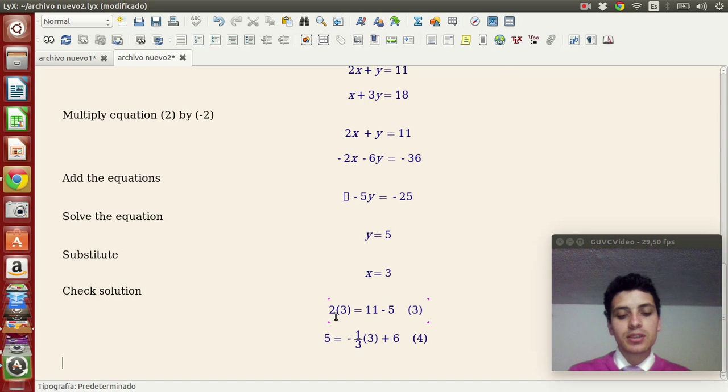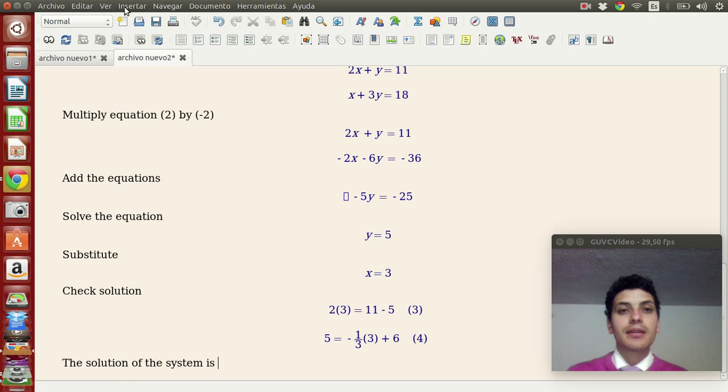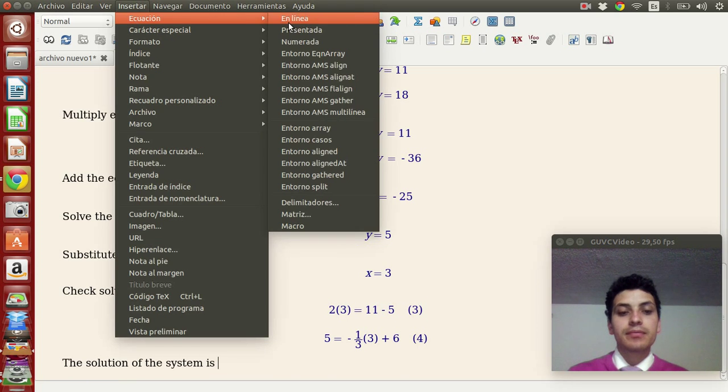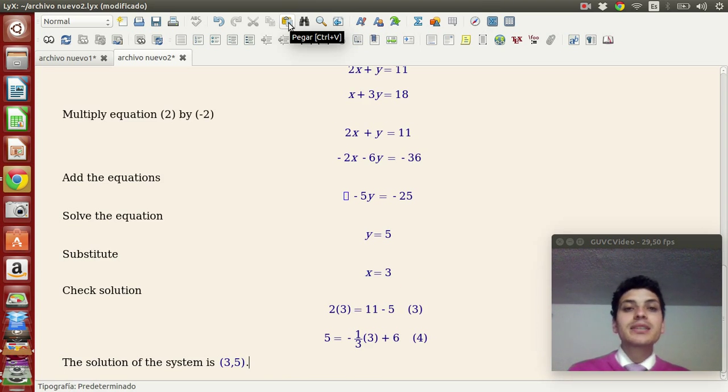We can say that the solution of the system is 3, 5. And this is how you apply the elimination method.